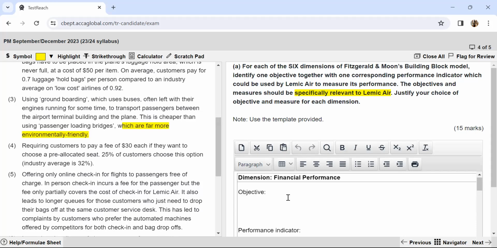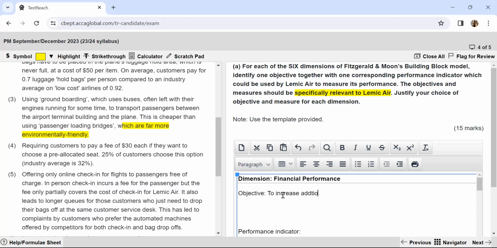So for the financial performance, one of our objectives can be to increase our additional revenue from the sale of pre-allocated seats.